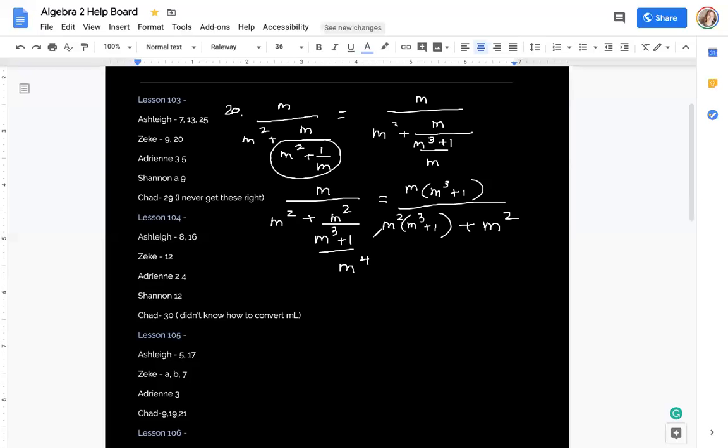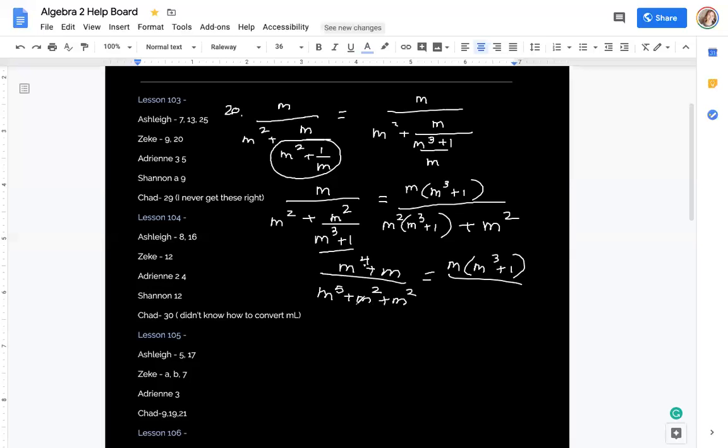So we're going to get m to the 4th plus m, and then in the denominator, we're going to get m to the 5th. Add your exponents when you multiply, m squared plus m squared. We can take an m out of everybody. If I take an m out of the numerator, I'm going to get m cubed plus 1.